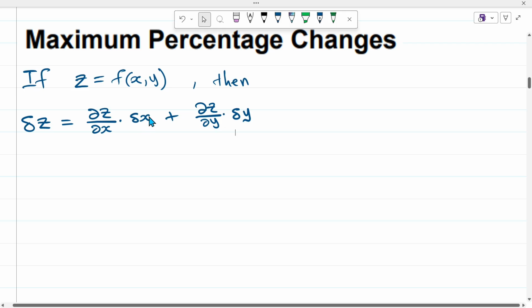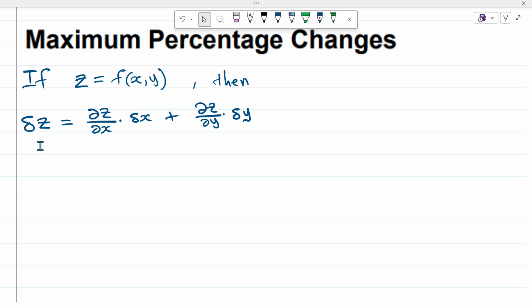Meanwhile this denotes small change, this denotes the percentage change in x, and then that one denotes the percentage change in what? In y. So yeah, this is the formula that we're going to use. Then the only special thing about maximum percentage change is the following.